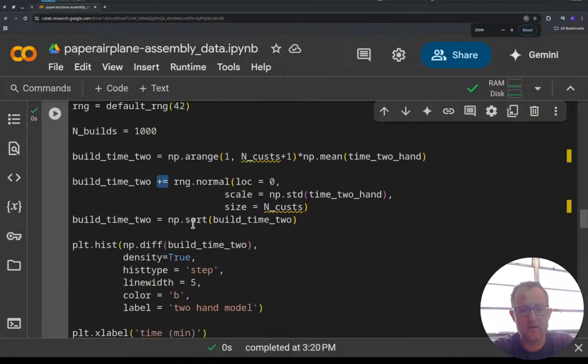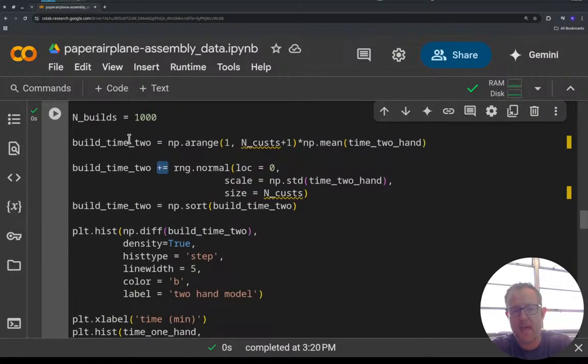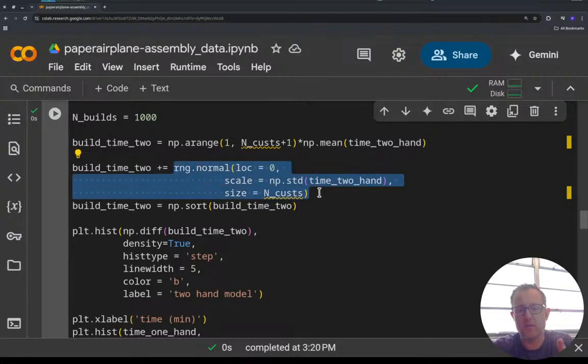Let's zoom in a little. Plus equal is just adding, so taking the build time with 2 hands and saying it happens on average every 60 seconds, but then adding either plus or minus, because the location is 0 and the scale is my standard deviation. So plus or minus that 30 seconds, or it could be up to like 3 standard deviations.